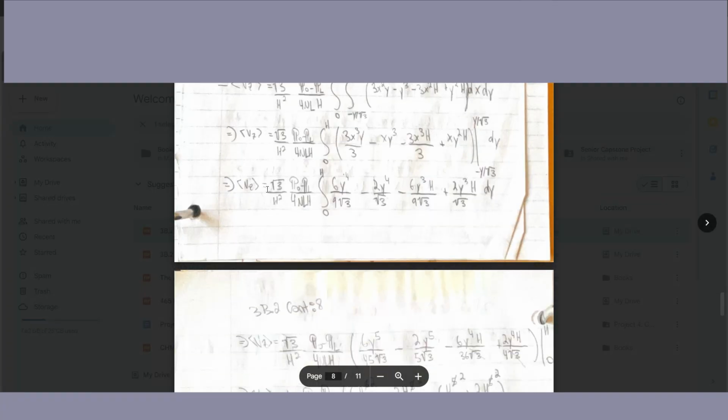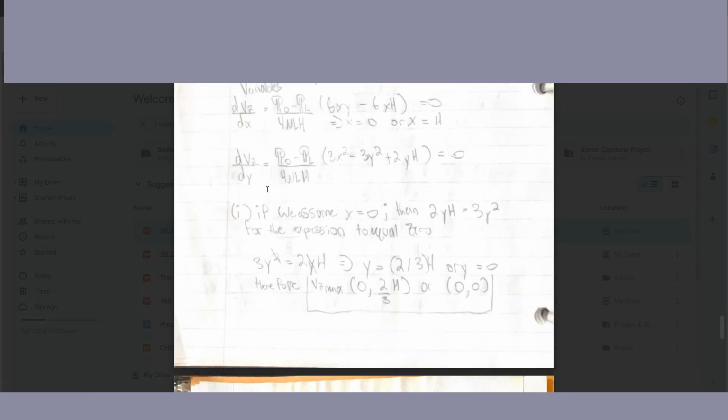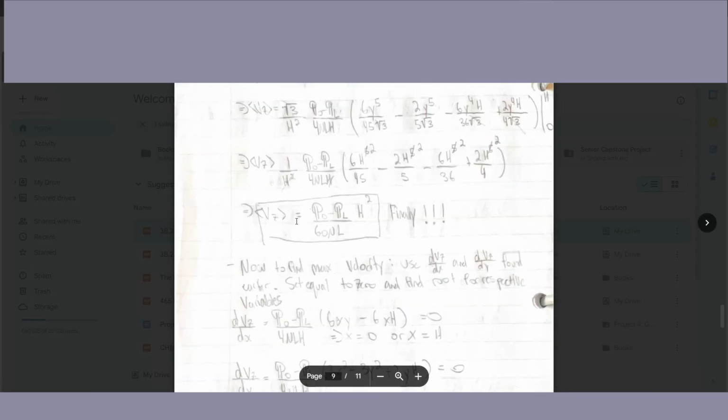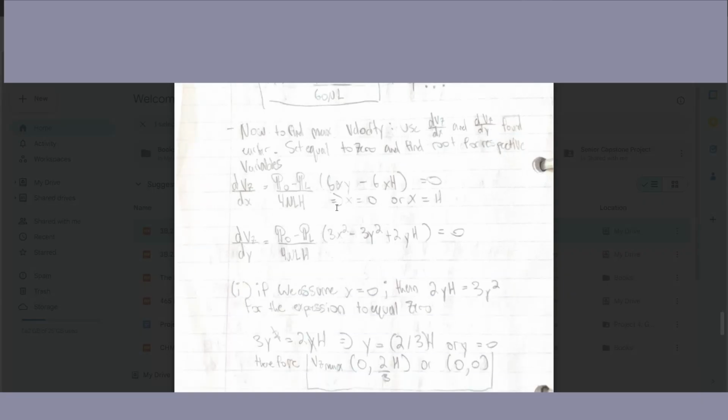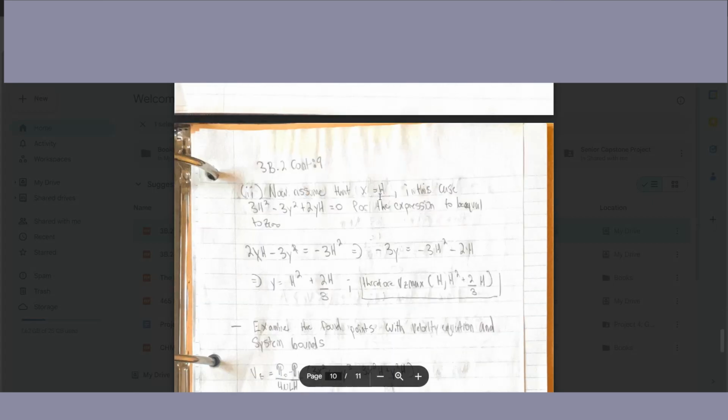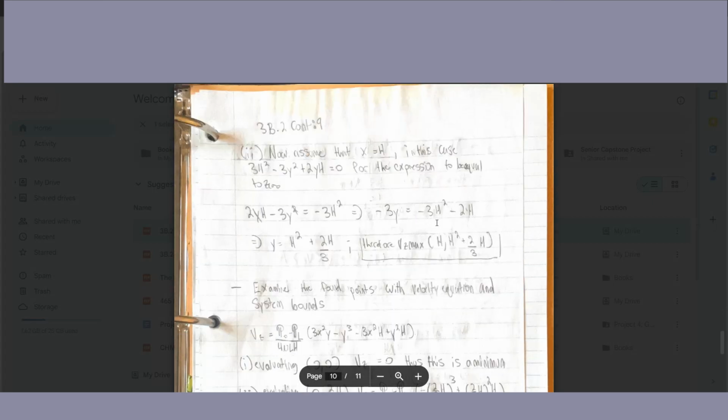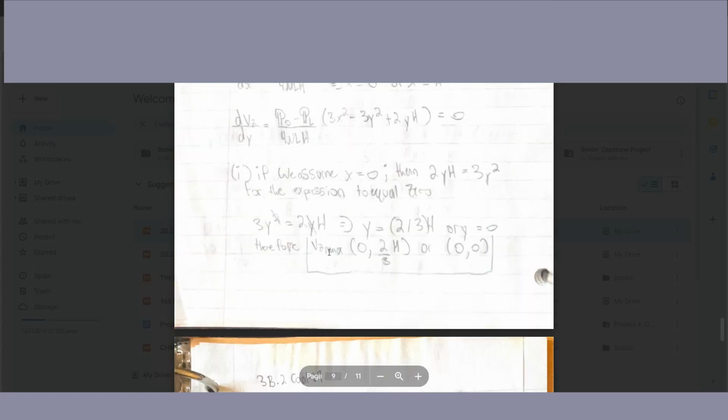And yeah, so we plug those points in. Oh yeah, so this was the answer for the average velocity. I don't know if I actually explicitly said that, but you plug this into the velocity equation, and then you get Vmax. Vmax what?